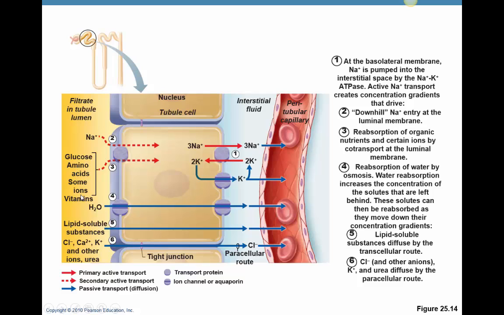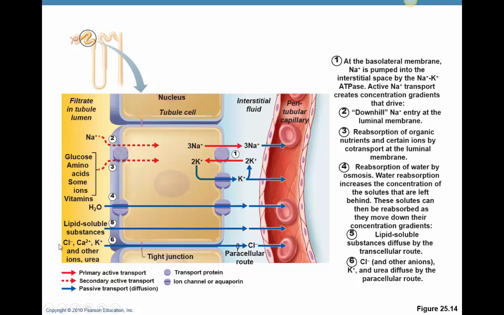Notice that this is blue, so this is passive transport. As long as we have sodium increasing in the interstitial fluid, that's pulling water. It's creating an osmotic gradient, sucking water into this interstitial fluid and then into the peritubular capillary. And then again, some of these other ions are just leaking through by the paracellular route based on concentration differences.